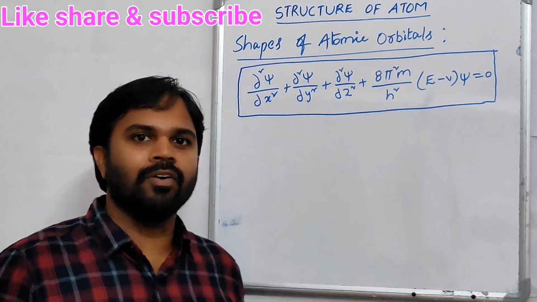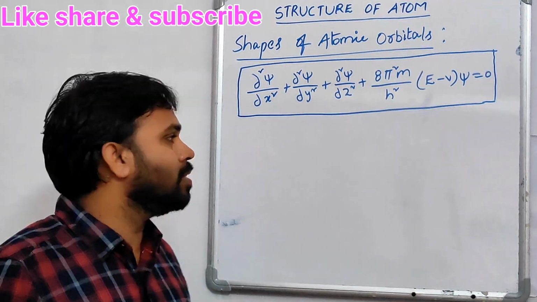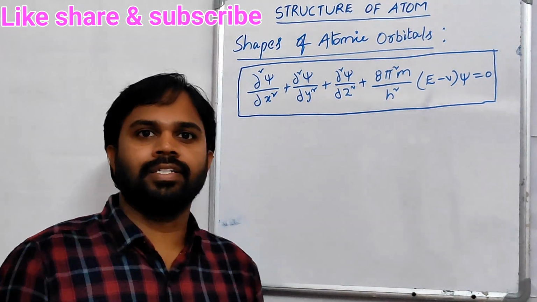Let's understand. In our last class, we discussed one equation, that is Schrodinger's wave equation. In this, these x, y, z are Cartesian coordinates.